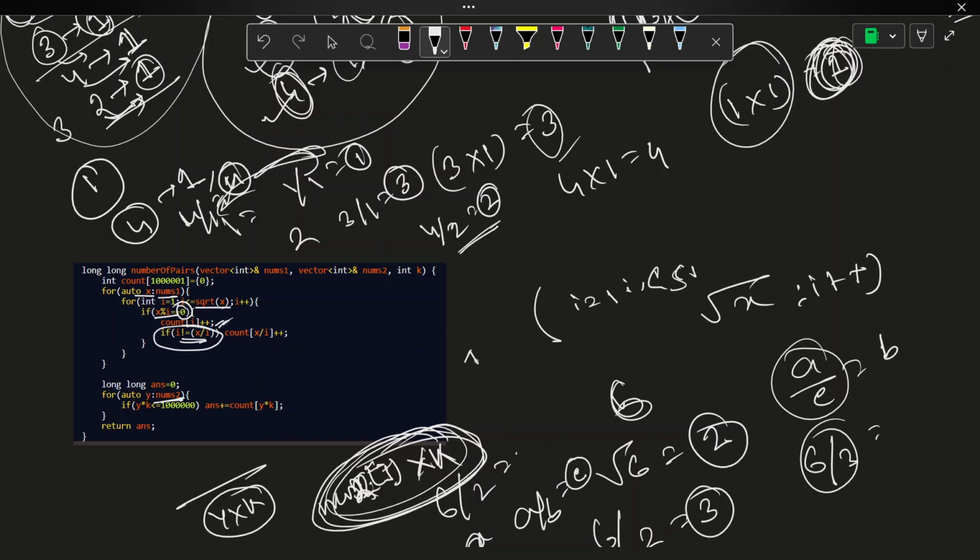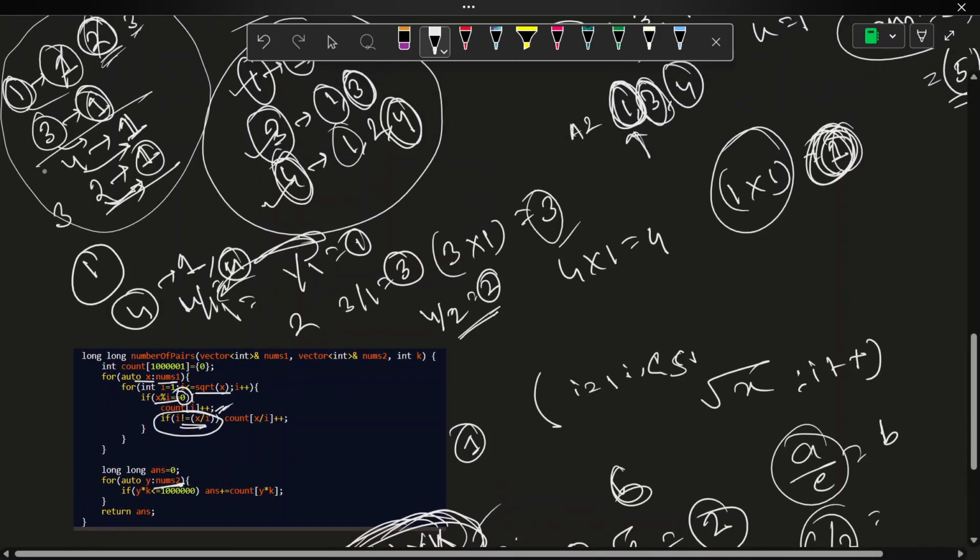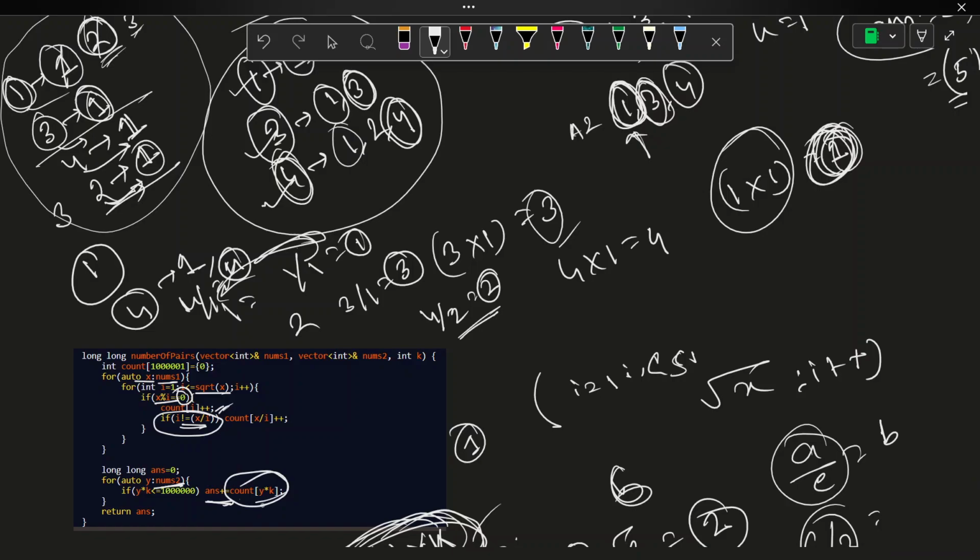Suppose y times k is 1. I check how many numbers have factor 1: 3 numbers, so I add this count.